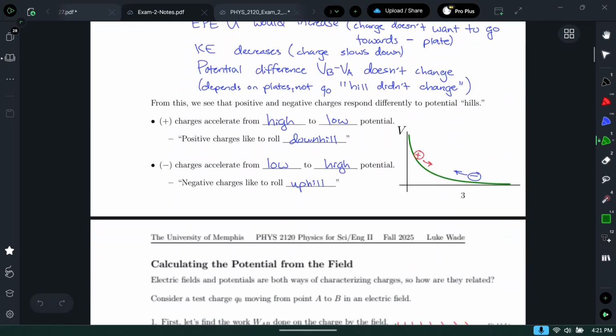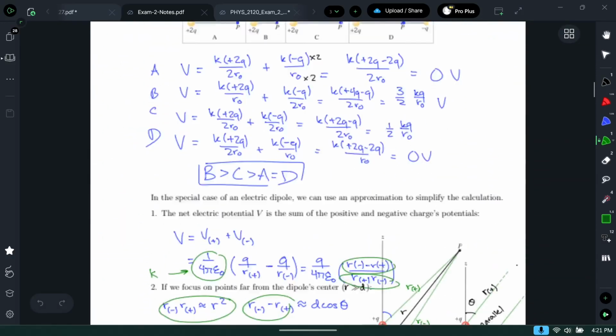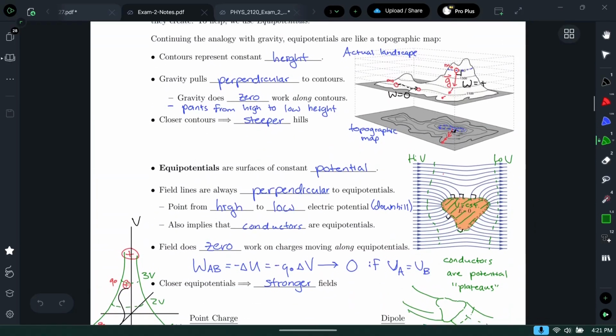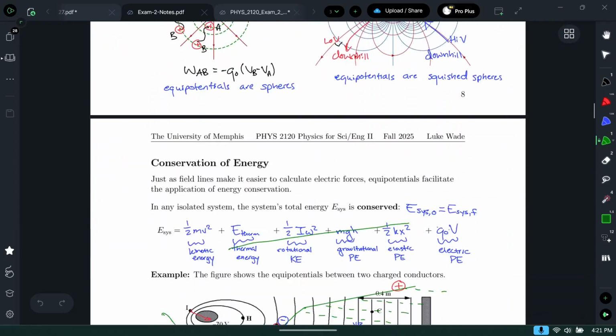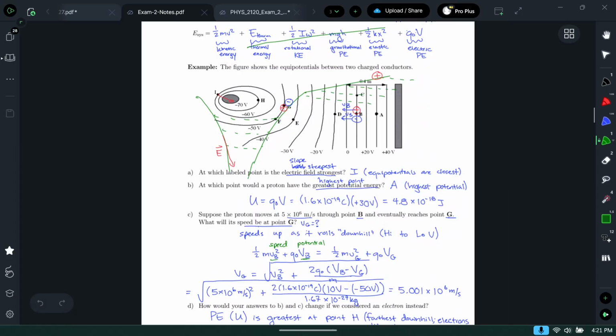And I mean primarily, let me get down a few pages. Once we introduce equipotentials and conservation of energy, I'm talking about questions like these first two. Where is the field strongest? Which way does it point? Where is the potential greatest or lowest? That feels very abstract unless you imagine the equipotentials as telling you different heights along a hill.